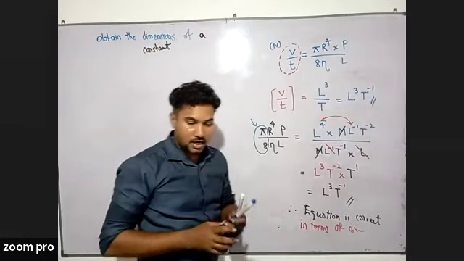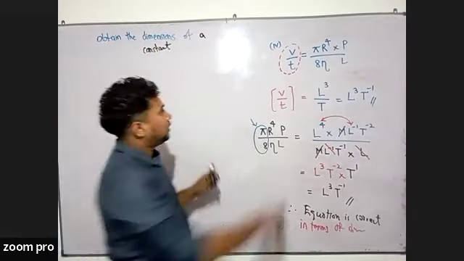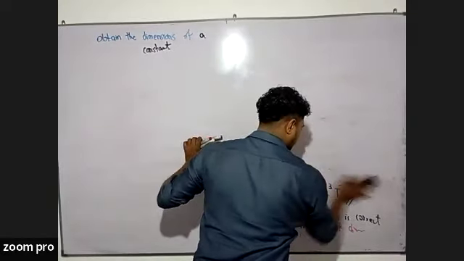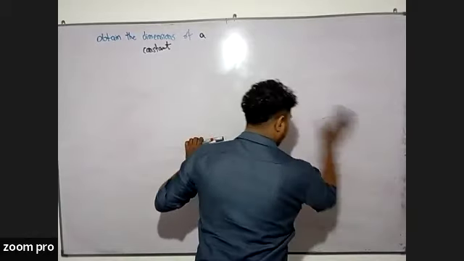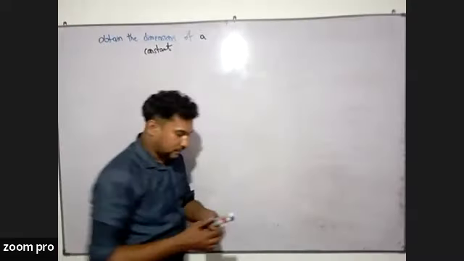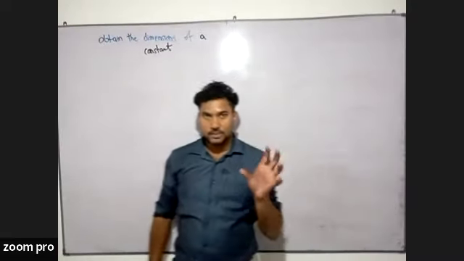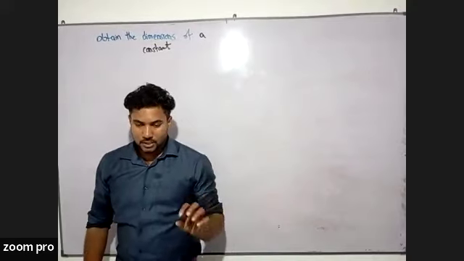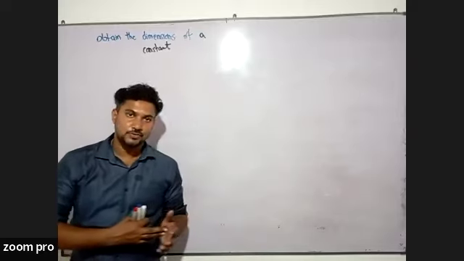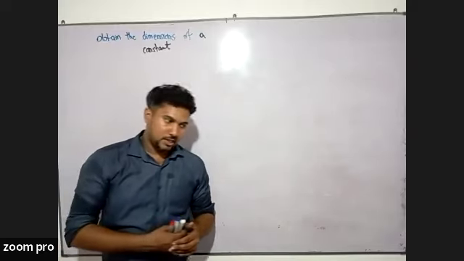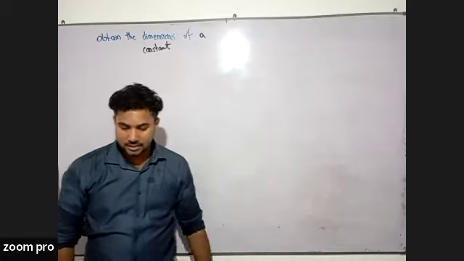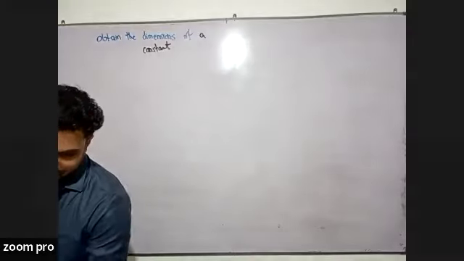Now we are going to describe how to obtain the dimensions of a constant in an equation, right? As I mentioned earlier, guys, I will tell you what the meaning of the constant is later. Up to now, just keep in mind that a constant is a kind of numerical value, with or without a dimension, right?